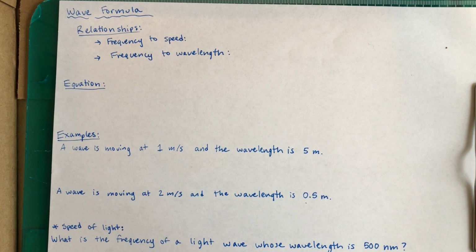Okay, so you guys have learned a little bit about the relationships between frequency and other aspects of the wave by playing with the simulation, and now let's make it a little more official with some equations.